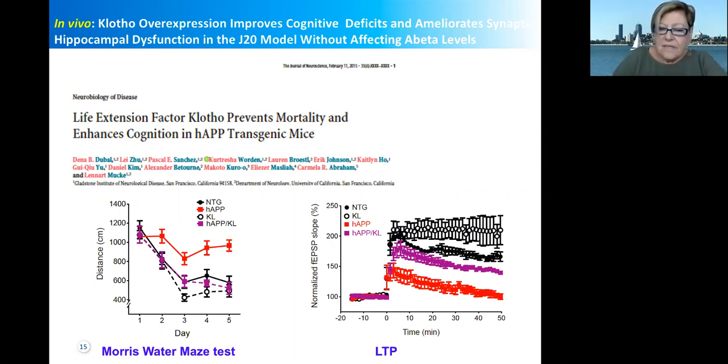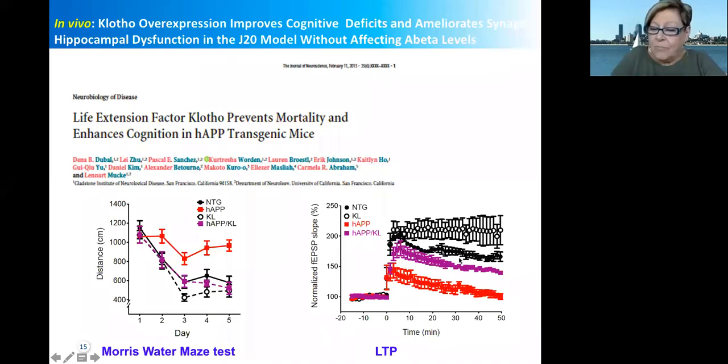And we see that in the Morris water maze, red are the APP mice that don't perform well, and it takes them a long distance to find the platform. On the other hand, the doubly transgenic mice, APP with Klotho, perform as well as control mice. And actually the Klotho mice are better than all of them.